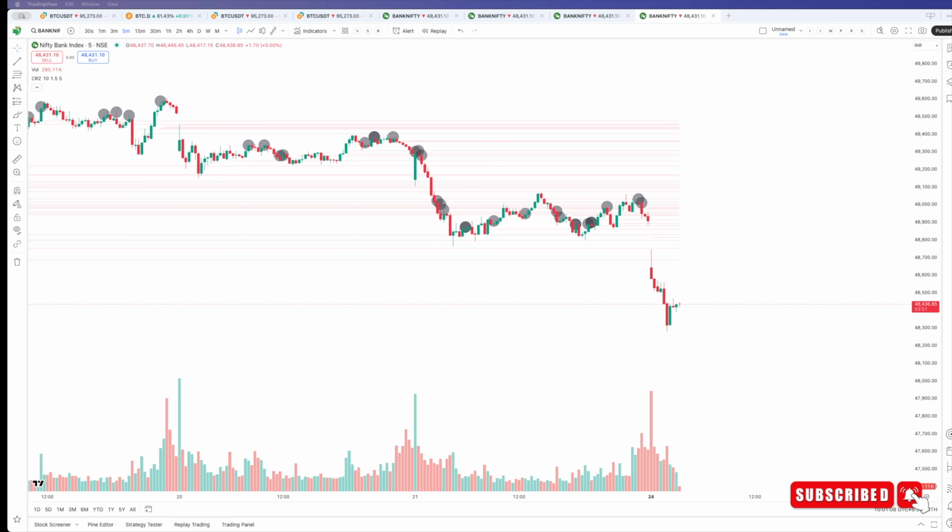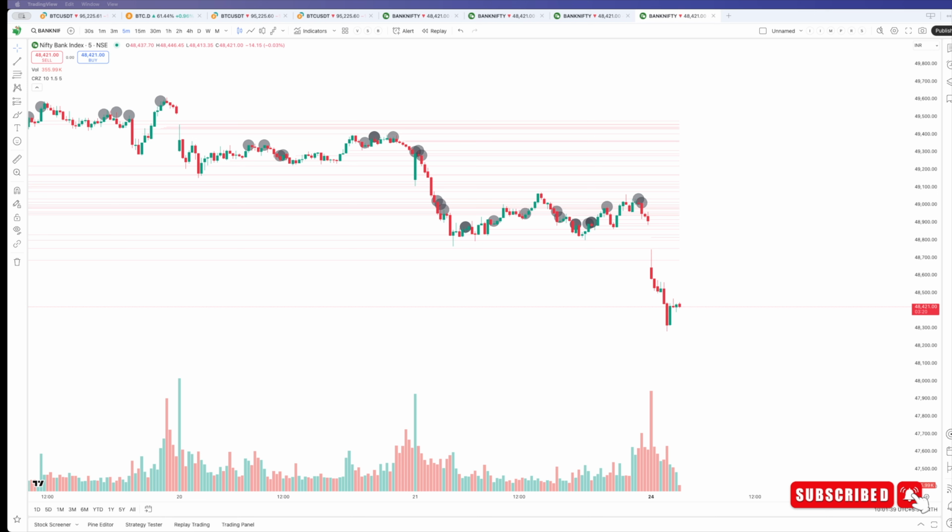If I have to say one liner about each of these: a liquidity trap is basically where big players grab orders before moving price. Smart money activity is the area where institutions push the market. Support and resistance clusters are where price reacts at important levels.